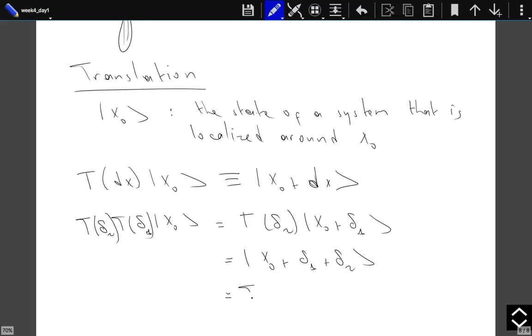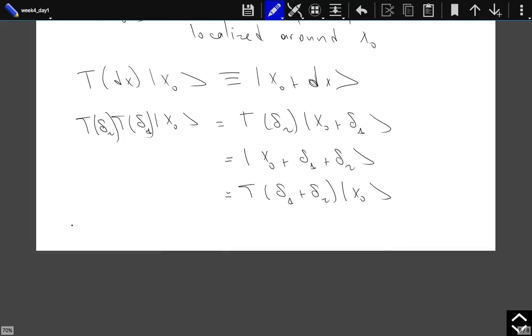But this is nothing but translation by delta 1 plus delta 2. In fact, this should be true for any x0. And this kind of tells me that translation satisfies this property.